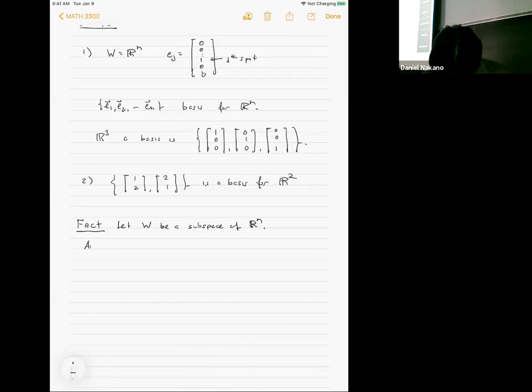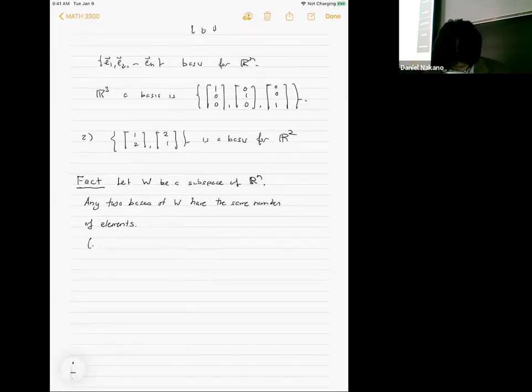So nice statement. Any two bases of W have the same number of vectors or elements. Okay.